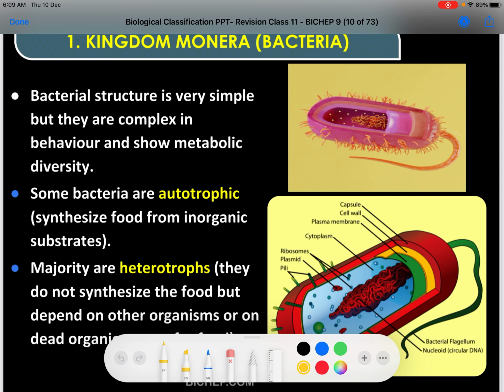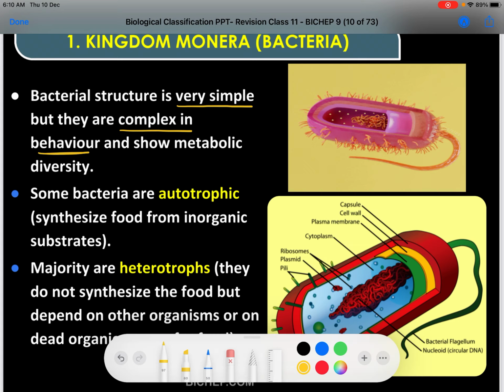Now, if you see the diagram given here, you can find the internal and external structure of the bacteria. According to the structure, bacteria are very simple, but they are very complex in behavior.